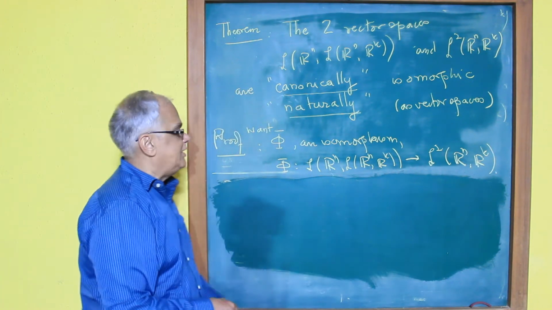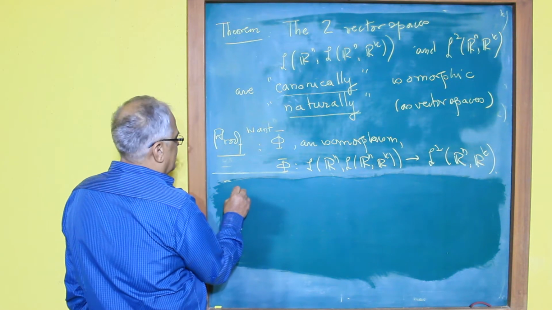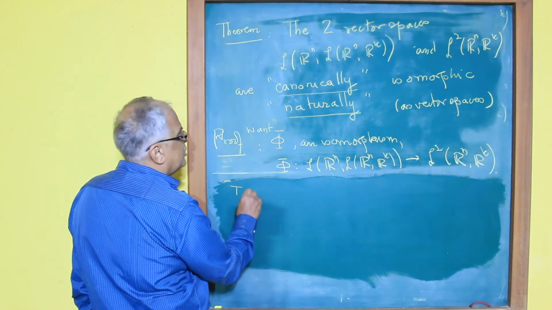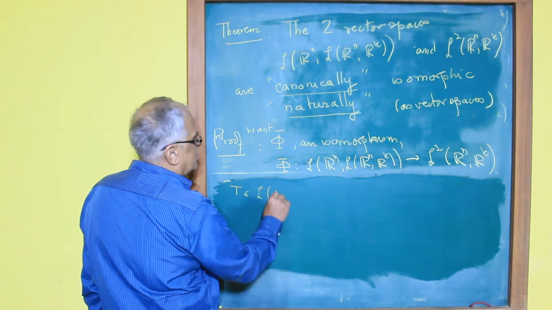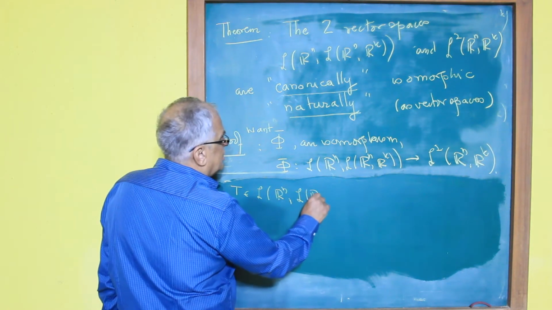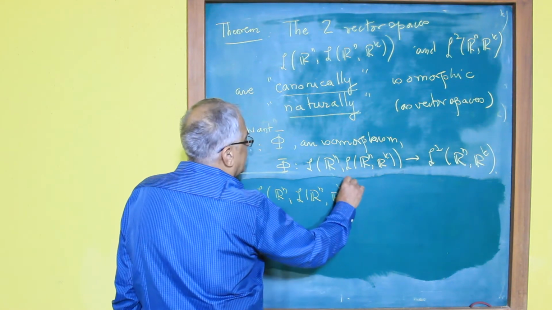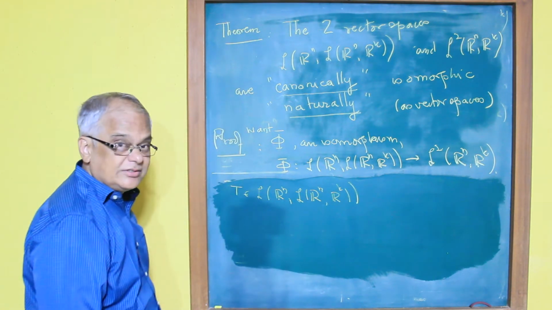So let's start defining it. Let T belong to L, Rn, L, Rn, Rk. What does this say?